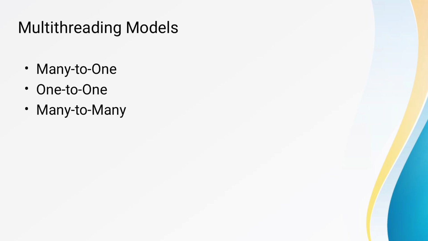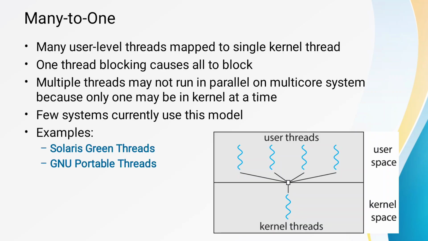The multi-threading models are many-to-one, one-to-one, and many-to-many. In many-to-one, many user-level threads are mapped to a single kernel thread. So one thread blocking causes all to block.